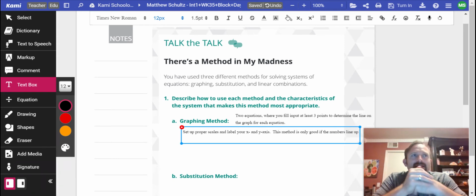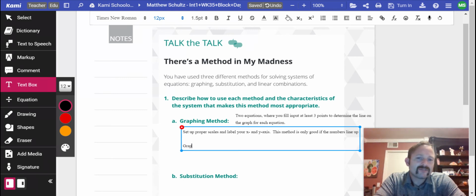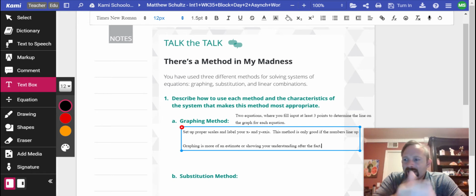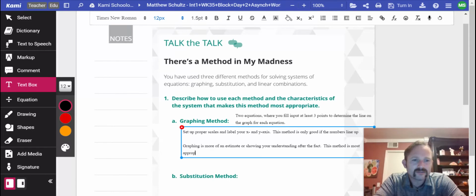What do I mean by that? Like I've said in class, graphing is more of an estimate for showing your understanding after the fact.